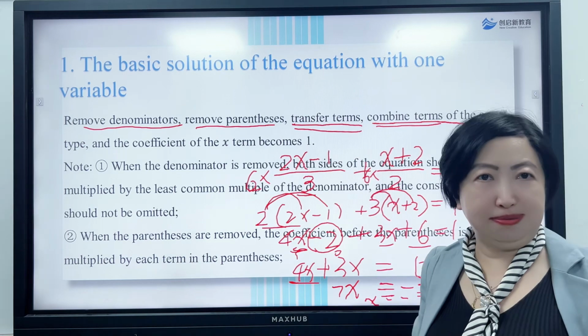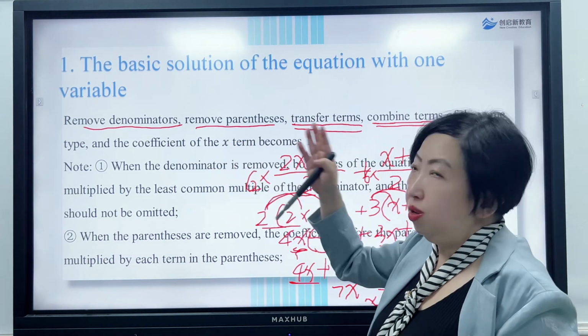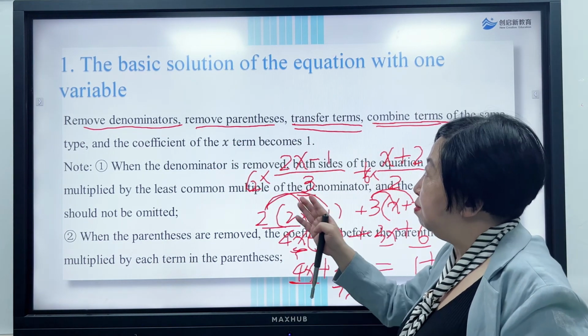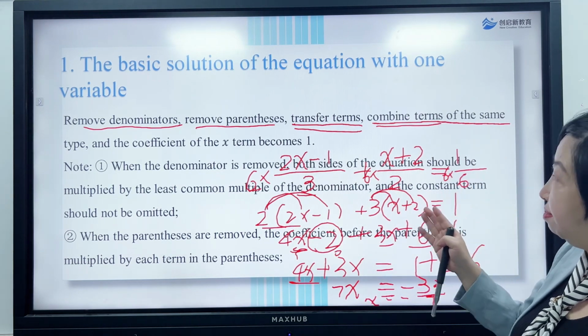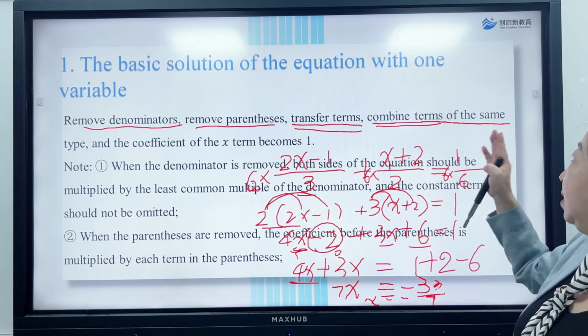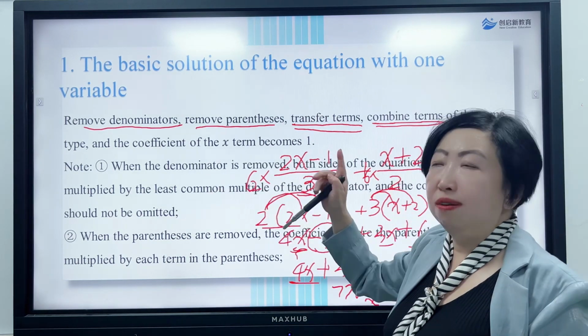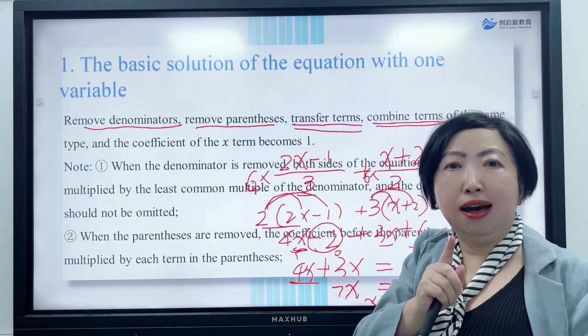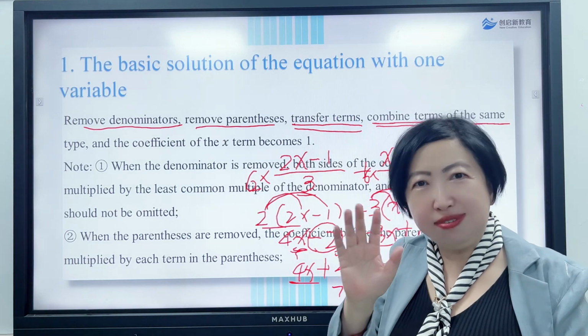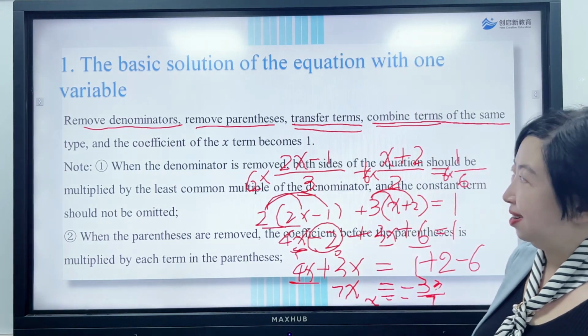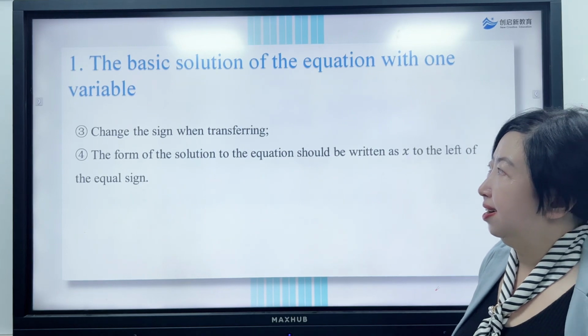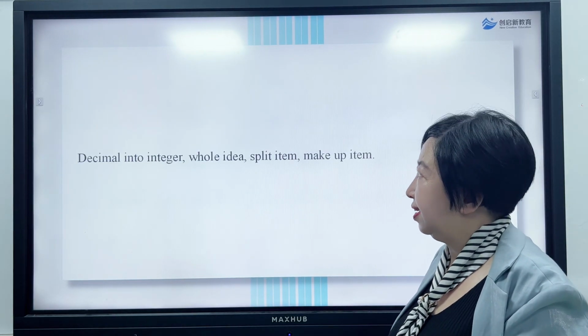It's 5 steps: remove denominator, remove parentheses, transfer terms, combine terms of the same type, and the coefficient of the x term becomes 1. 5 steps, remember. Okay.